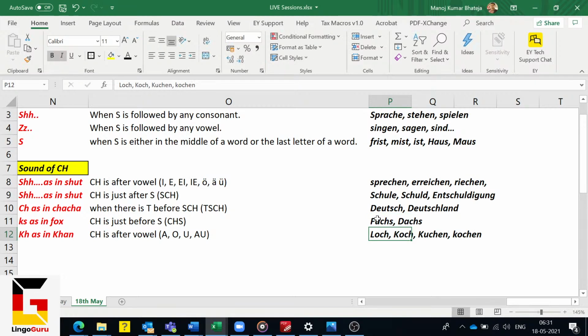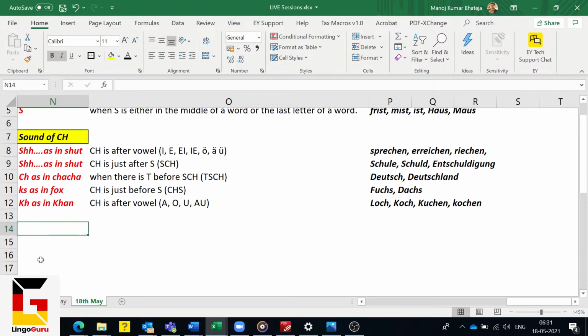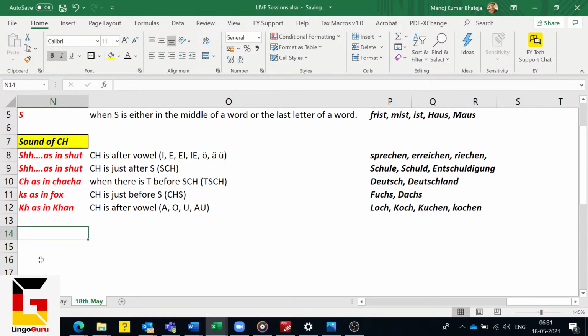Right? So this is the sound of CH. This is how it is going to help you to pronounce German words effectively and properly.